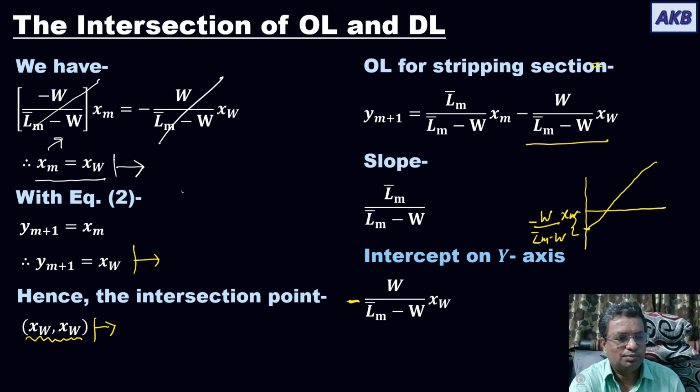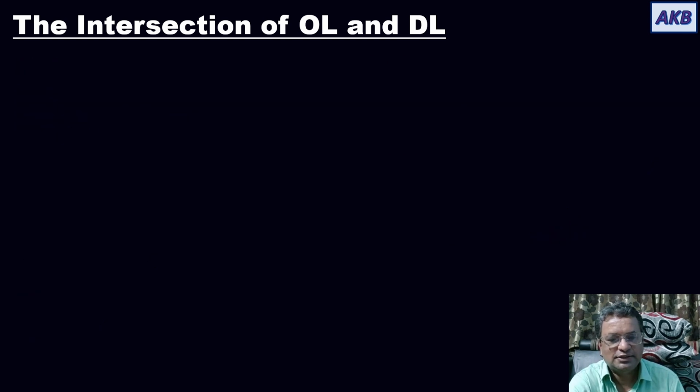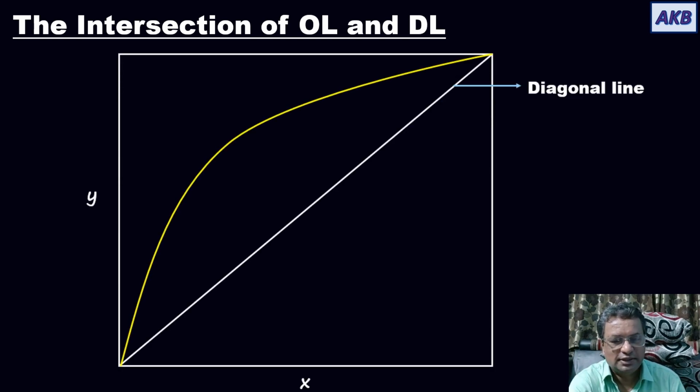Okay, so for the time being, I'll just tell you what is the intersection point. That is xw, xw. Okay, so on the next slide, you can show how the intersection occurs. So for that, again, I'm taking the distribution diagram. Now you have the diagonal line, and it is our conclusion that the intersection of the two lines, diagonal line and operating line, occurs at the point with coordinates xw, xw.